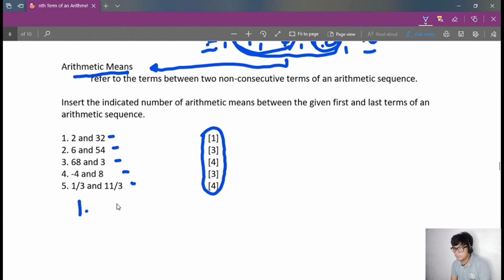Our first term is 2. Now the problem is we're going to insert 1 arithmetic mean. So we will leave that as blank kasi hindi natin alam kung anong term yun siya. But we know the first and the last term.